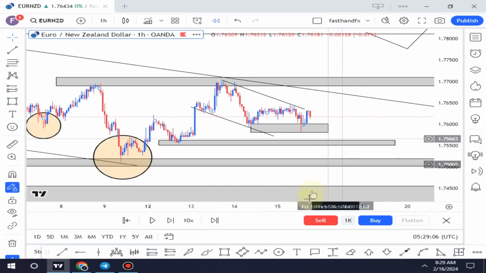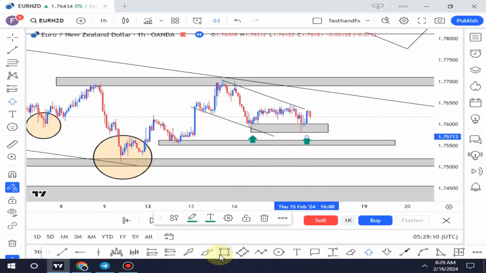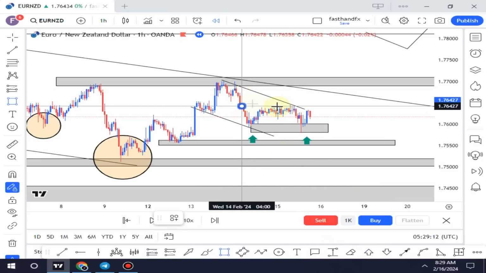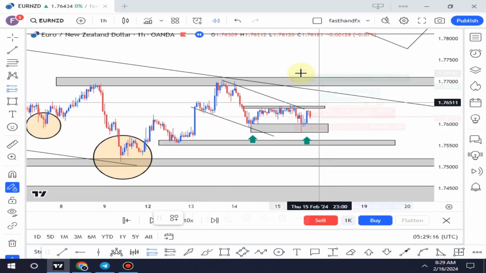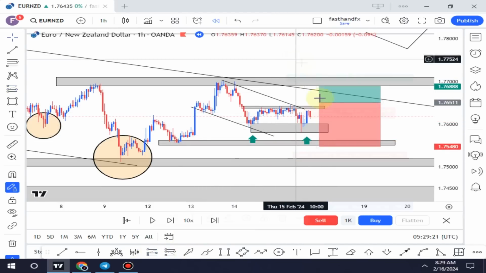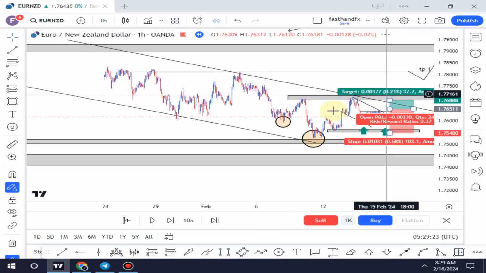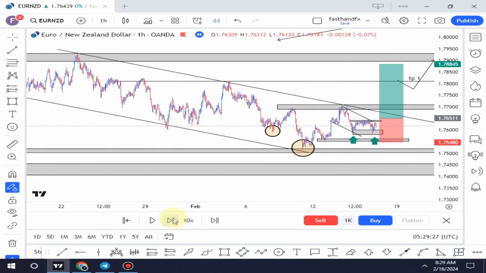So with that, we have this level. We also need to make sure that price takes out the new high. That is when we make our buy entry position right there, and target our anticipated level.